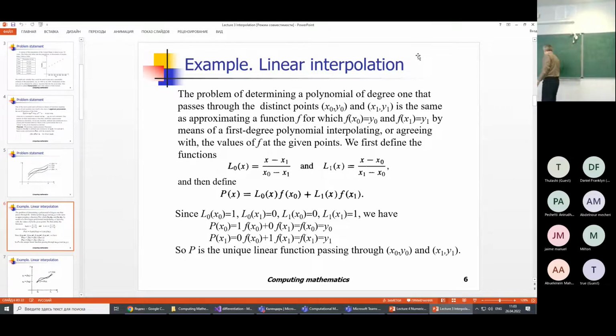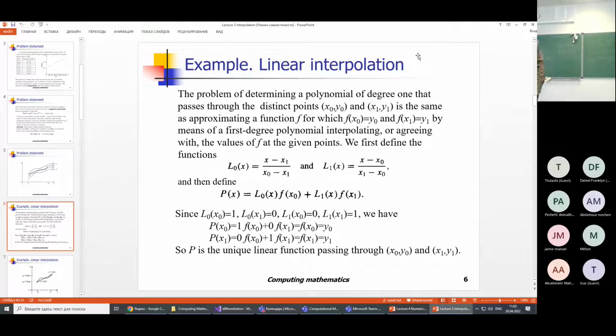Actually, to find the derivative, we should find the first derivative of L0 of x and the first derivative of L1. Please look at the formula of L0.